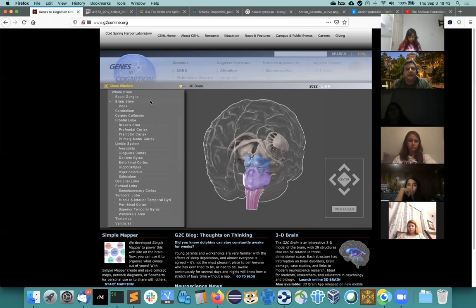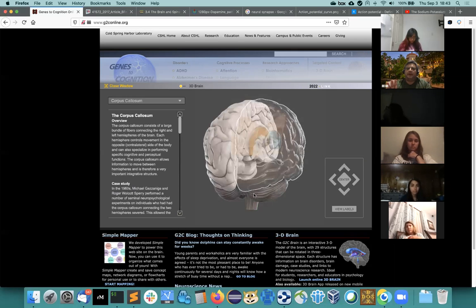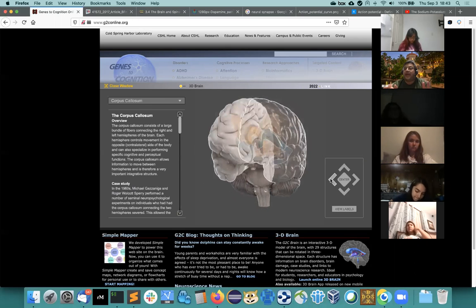So one more thing. Let's see. So we did the limbic system. Oh, the corpus callosum. Now, remember how I told you that our human brain is basically broken up into two halves, right? Now, here's the thing. Those two halves have to work together.